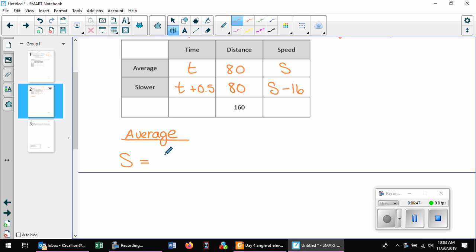S equals 80 divided by T. That's exciting. Anything else to say about that? Okay, so what are we going to do? Then I'm going to make my slower equation, and that would be S minus 16 equals 80.